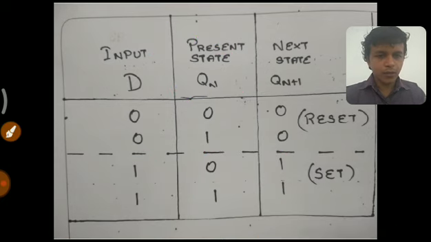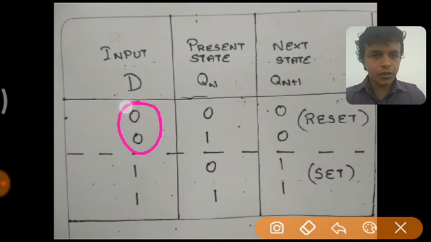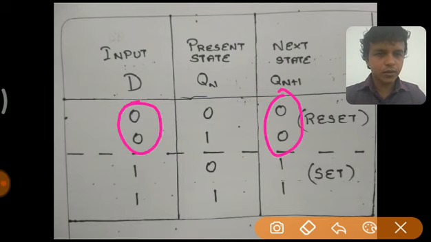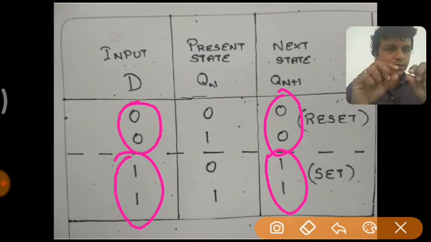Now let us analyze the input and the state of the flip-flop. Here our input is 0, and the output of the flip-flop is also 0. Here the input is 1, and the output of the flip-flop is also 1. So can we join them as a single line? No, it is not like that.